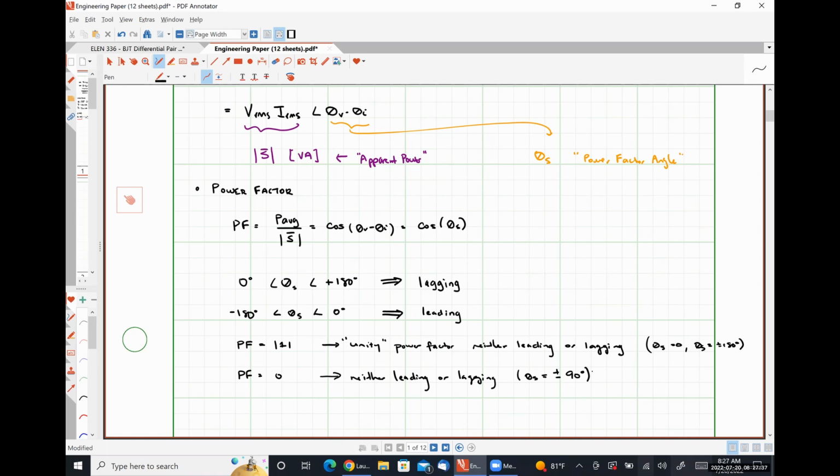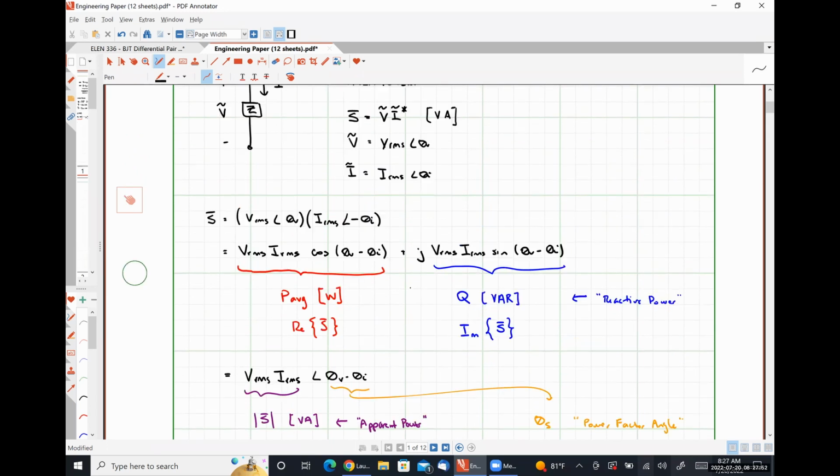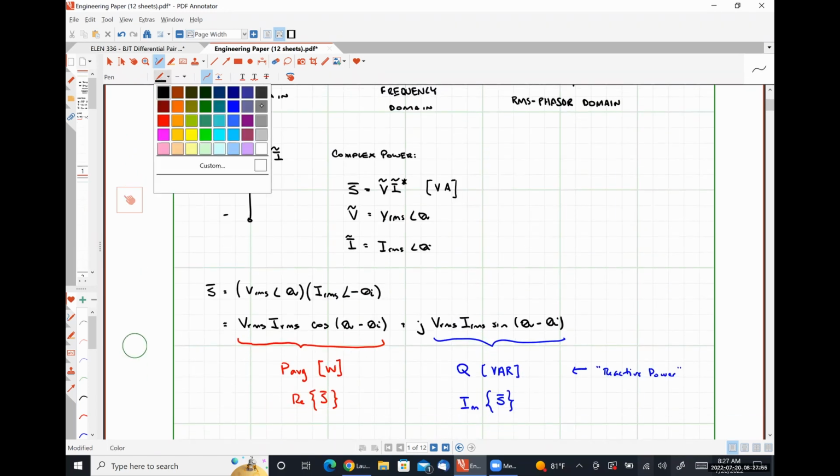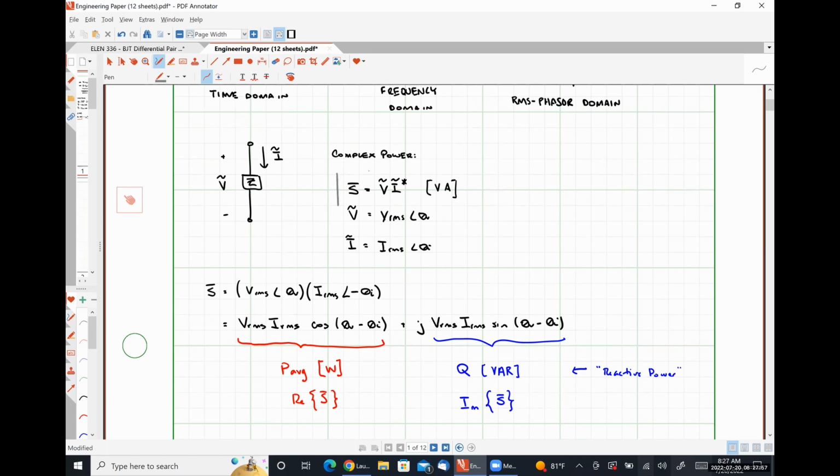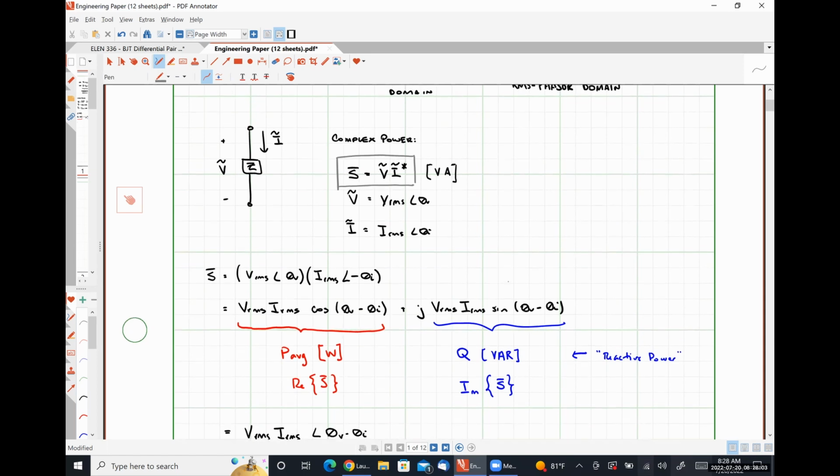But before we do that, I want to introduce what I believe is a handy visual tool to help us understand the relationships. And I think that this is necessary because I just want to go over all of the different equations that I've introduced today. So we have this guy right here for our complex power. We have this guy right here for our average power. This guy right here for our reactive power.